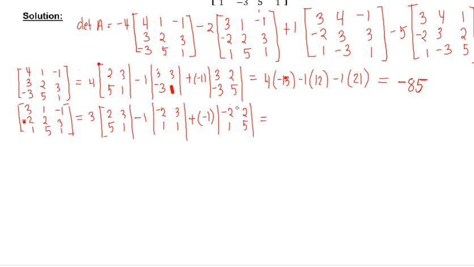So solving this, we have 3 times 2 minus 15, that is negative 13, minus 1 times negative 2 minus 3, that is negative 5.